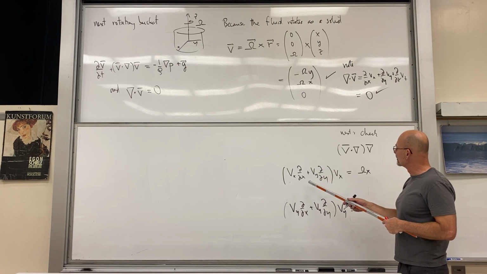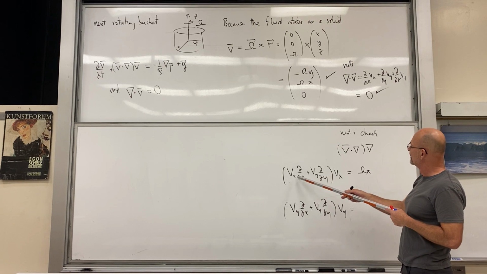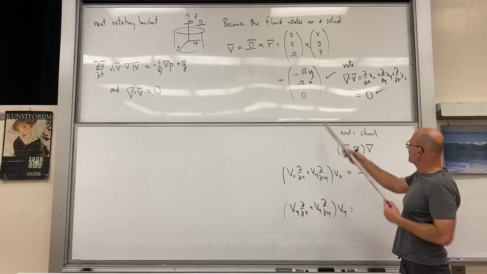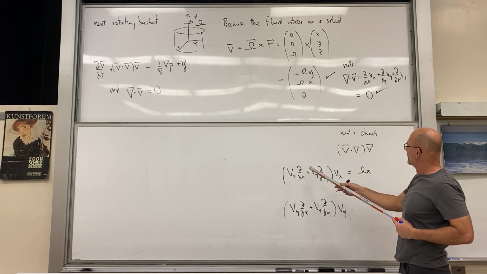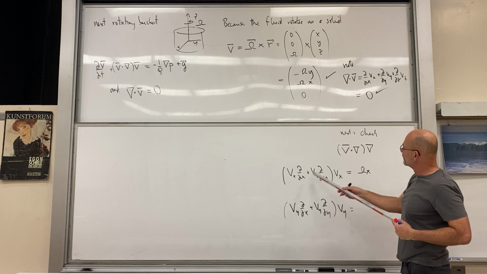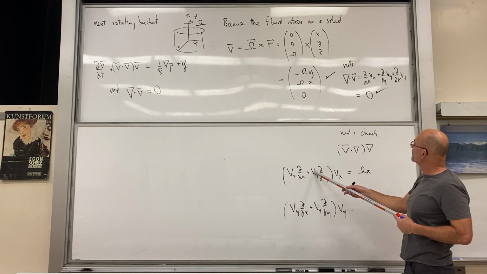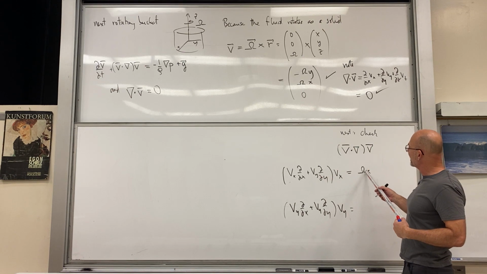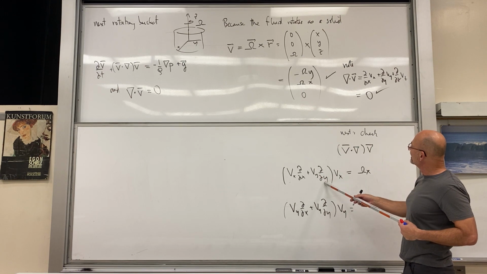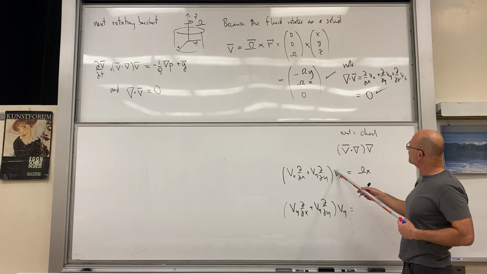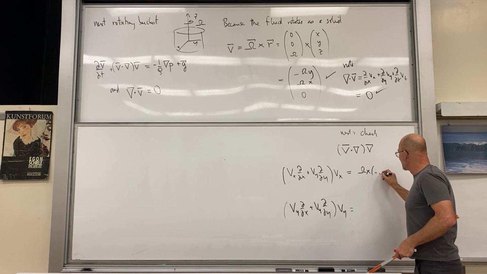Wait a minute, what's going on? Vx, d over dx of Vx, yeah, the first one was 0. Vy, which is omega x, d over dy of Vx is minus omega.